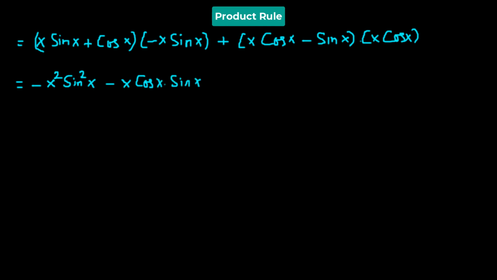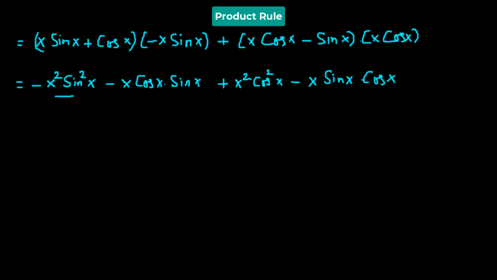Similarly, we distribute x cosine of x with x cosine of x minus sine of x. So we'll have plus x squared cosine squared x, negative sine x multiplied to x cosine of x will be negative x sine x times cosine of x.